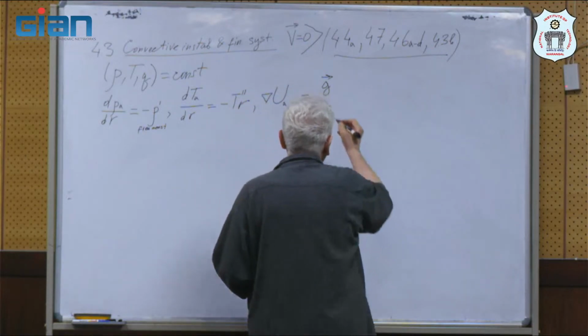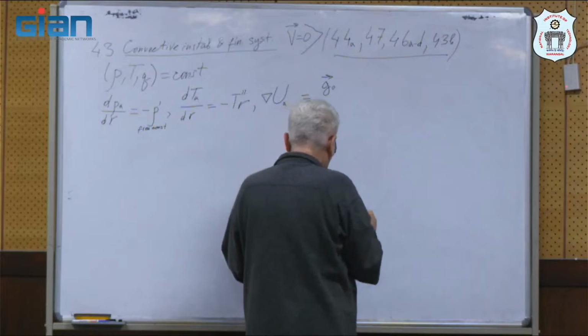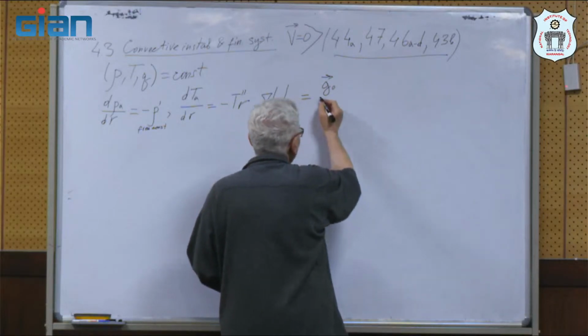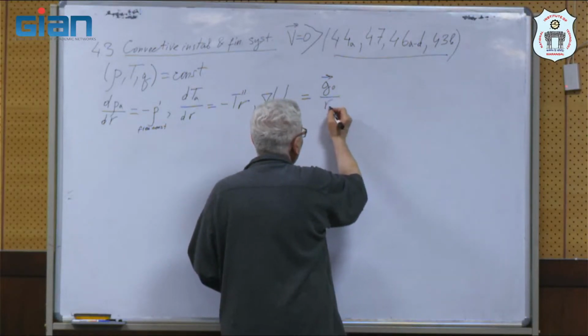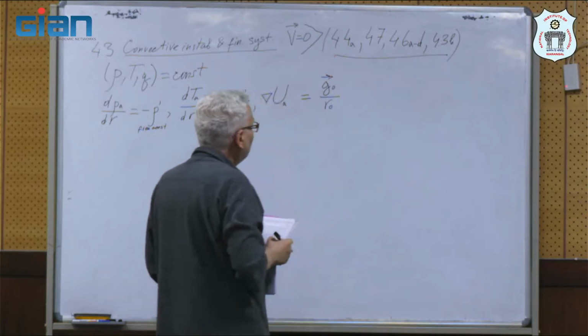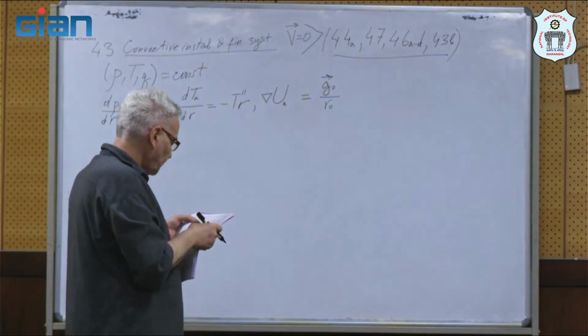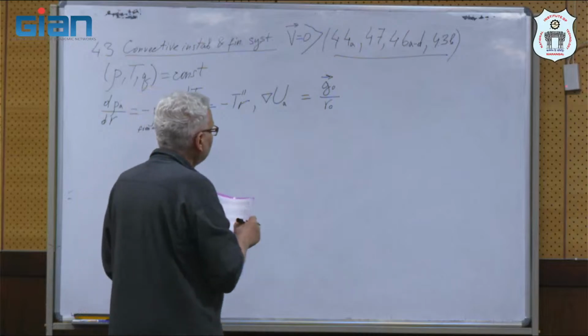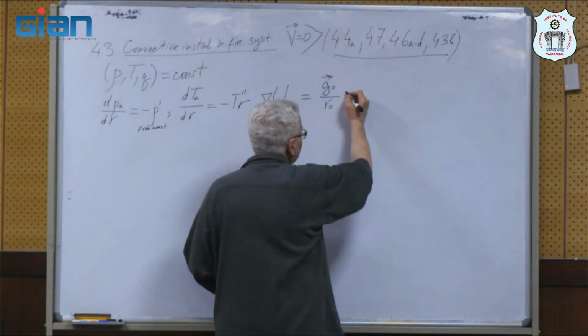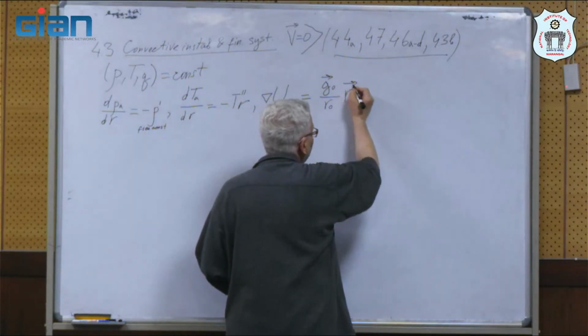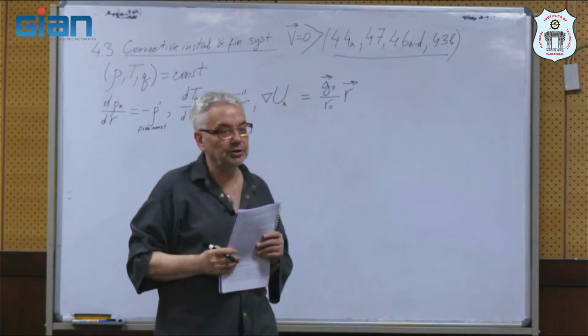Here the index is O, not 0, which denotes the reference situation, and it also has a component directly in the spherical radius, so we put it here.